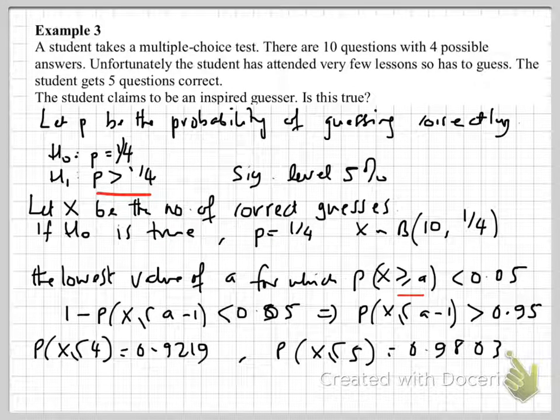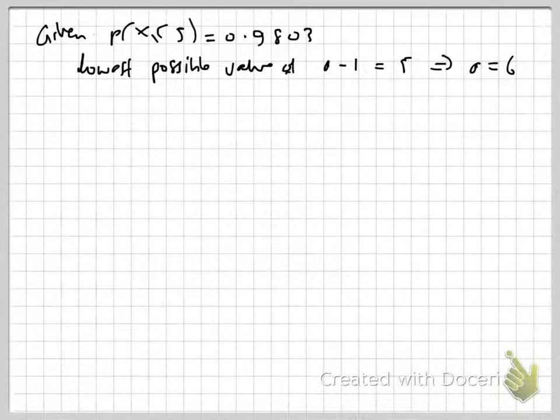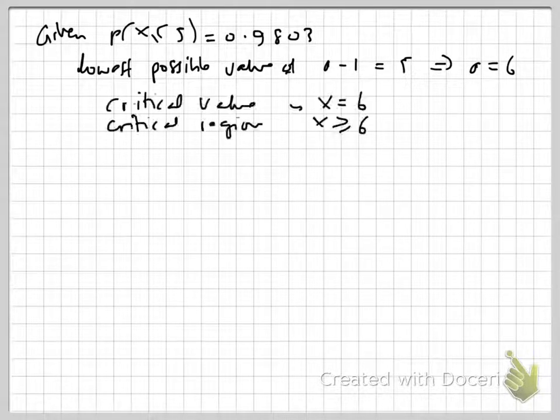Clearly, when X is less than or equal to 5, that's when it's greater than 0.95, at 0.9803. And so the lowest possible value of A minus 1 is 5, and so A has to be equal to 6. So we can therefore conclude our critical value, which is like the boundary for the critical region, is when X equals 6, and the critical region is when X is greater than or equal to 6.